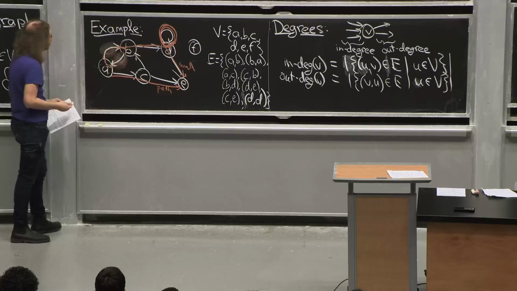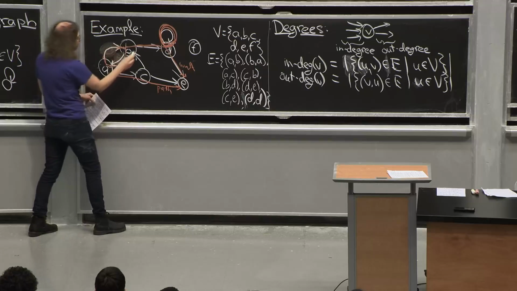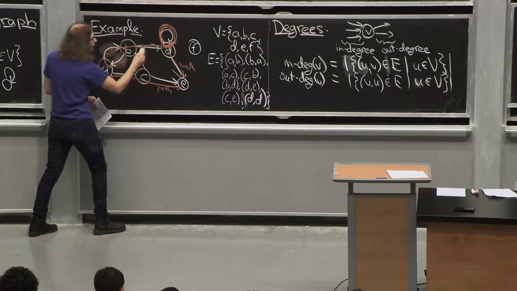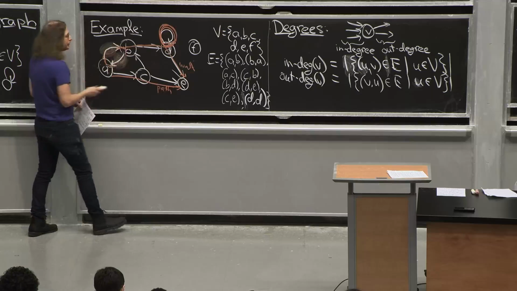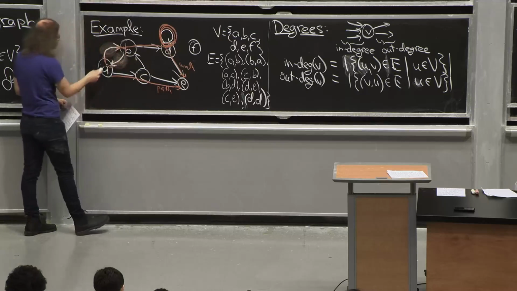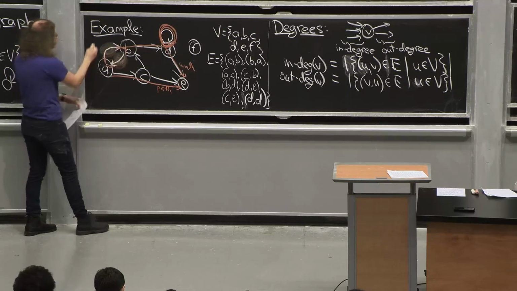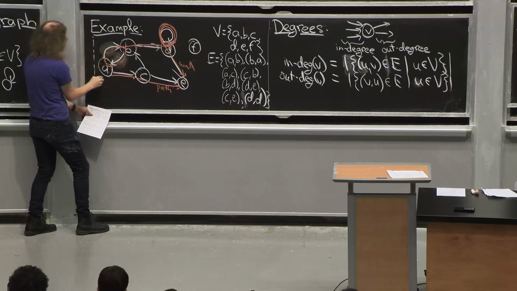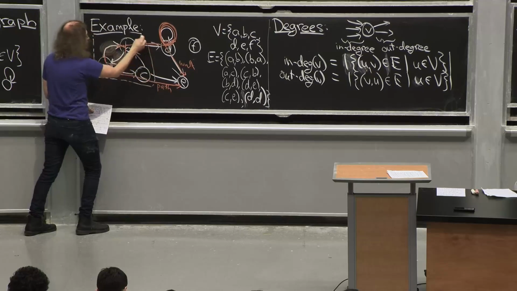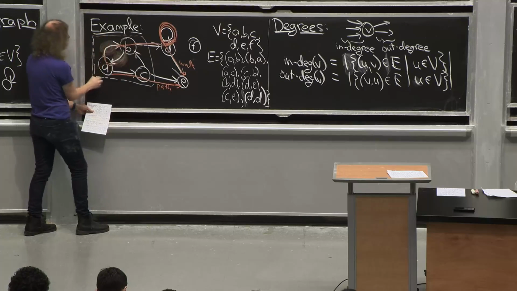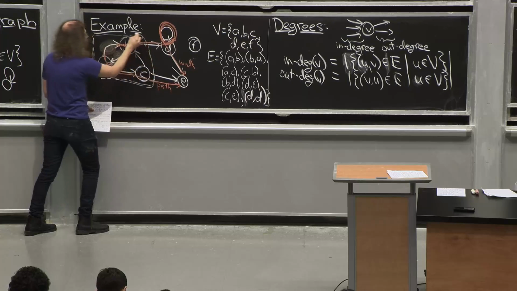No. Turns out if you follow any of these two edges, you're never getting back. And also F is not reachable from A in either direction. So this chunk here is a strongly connected component.